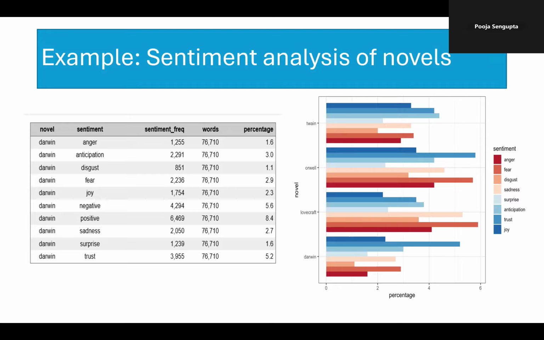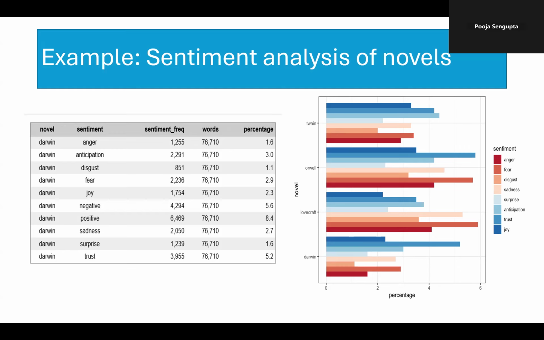We also have a count of the total number of words in the novel, which helps us calculate the percentage. For instance, related to the sentiment anger, we have 1,255 words out of the 76,710 words used in the novel, which makes the percentage of anger sentiment expressed 1.6% of the text.